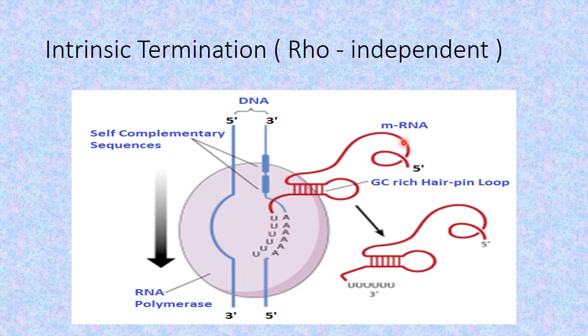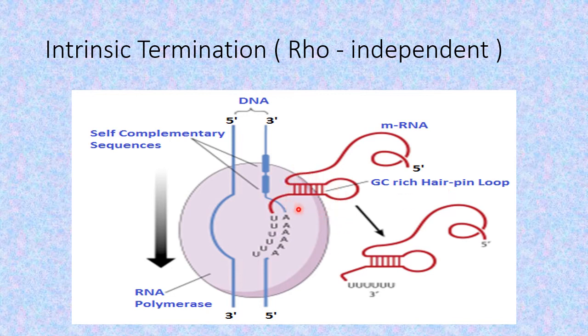So as soon as the messenger RNA is transcribed on these self-complementary sequences, it base pairs with each other, and this region is a guanine cytosine rich region, that is, the GC rich region. When these two complementary sequences base pair with each other, they form a special structure that is known as the stem loop structure or the hairpin loop structure.